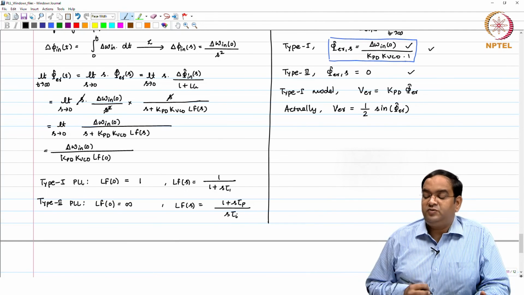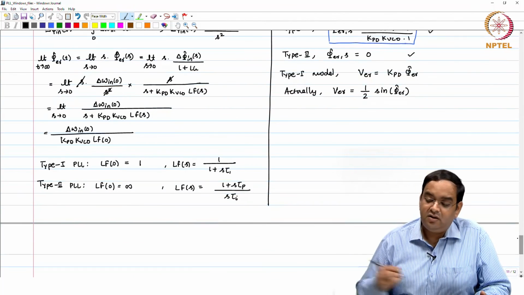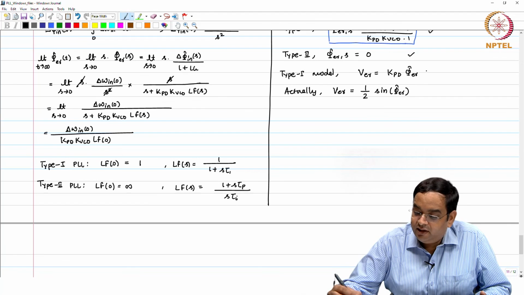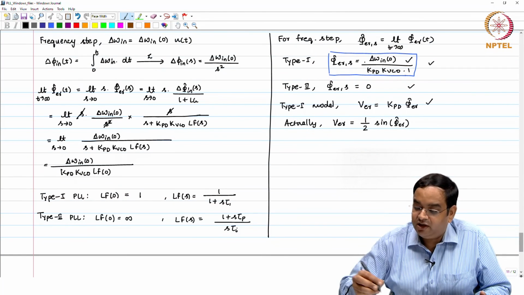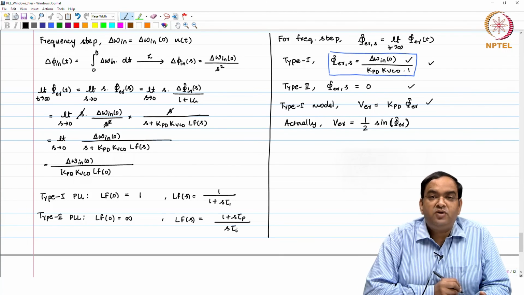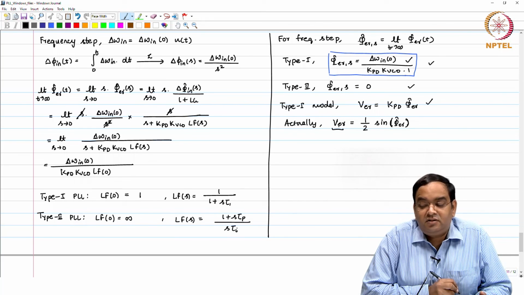We have seen this before, I am just repeating it because we are discussing with respect to types and orders. So, in this model there is no restriction on phi error, okay. There is no restriction at all on phi error, but if you look at it, no matter what phi error you are going to have, there is a restriction on V error. Okay.